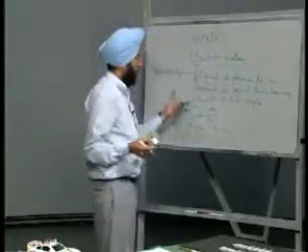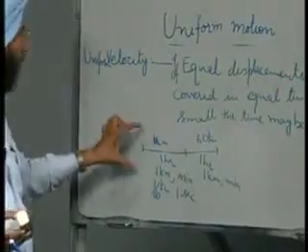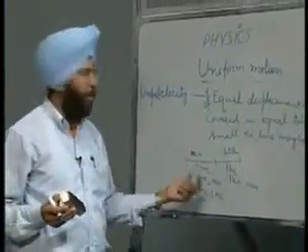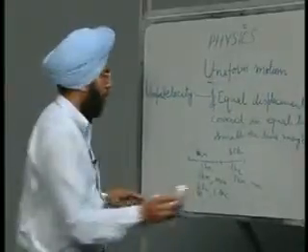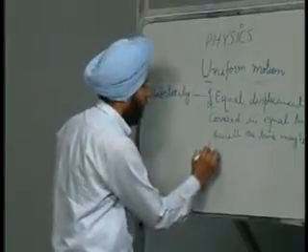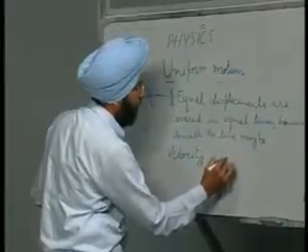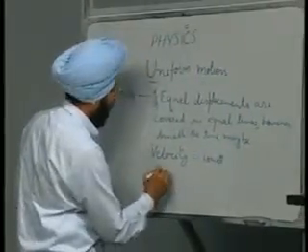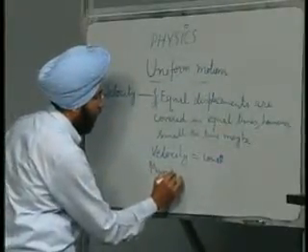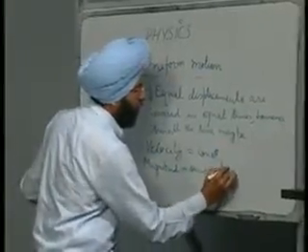So, only then will this velocity be uniform, and only if the direction of motion is the same. If the direction of motion changes, even then velocity will not be uniform. So, to have uniform velocity, we say velocity is constant. Magnitude of velocity is same, direction is also same.